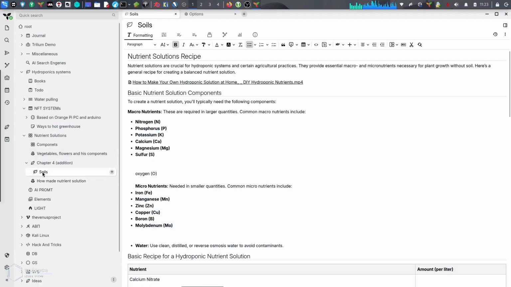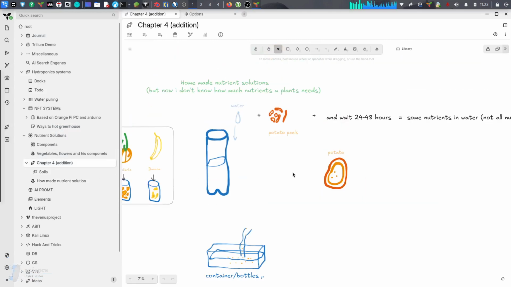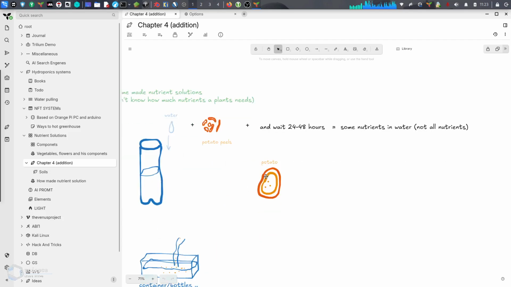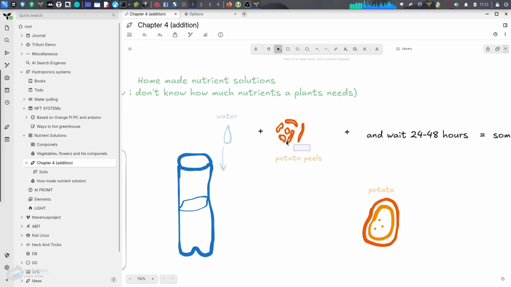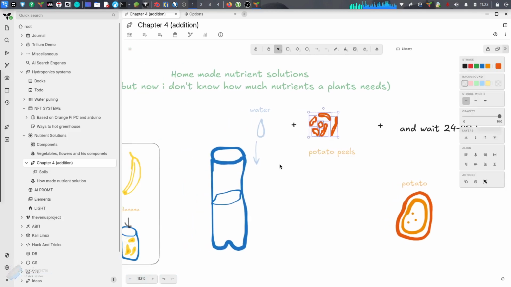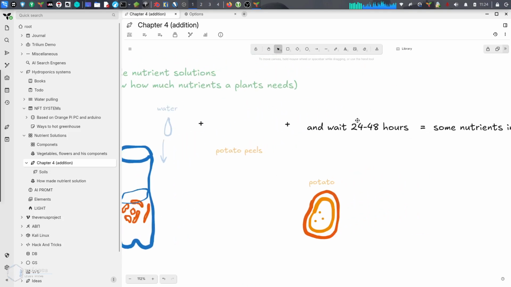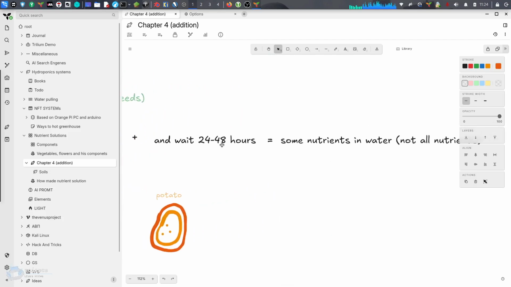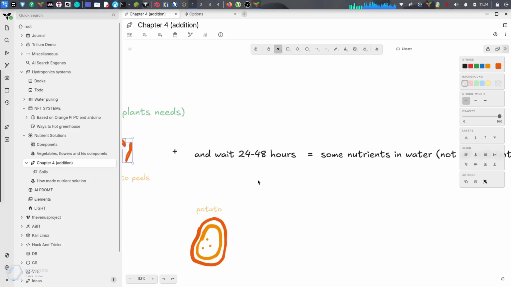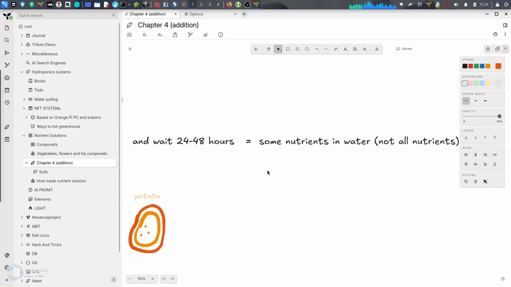I want to say we can get nutrients from potato peels. We can use potato peels, put into water, wait 24 hours. That means 2-3 days, and get some nutrients in water.